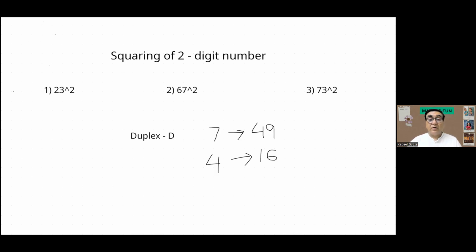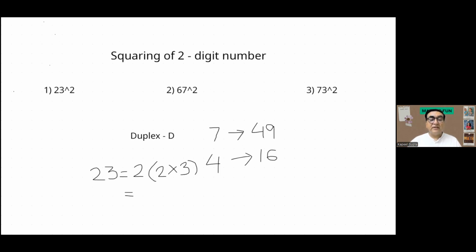Now, if I talk about a two-digit number, for example, on top I have written 23. If I have to find the duplex of 23, I will simply say twice of 2 multiplied by 3. So 2 times 3 is 6, 6 times 2 is 12.